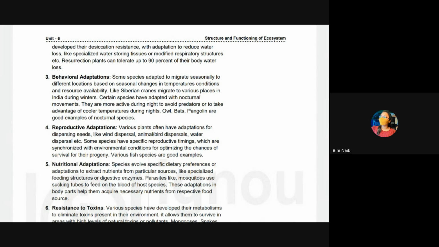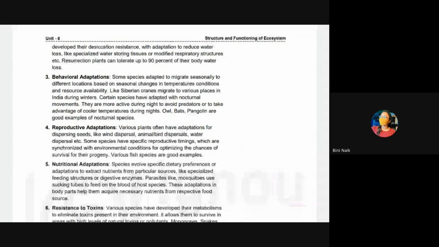So definitely they will be migrating towards the polar region, while some birds cannot tolerate extreme cold temperature. Then they will migrate to the tropical regions. So this is basically a behavioral adaptation.